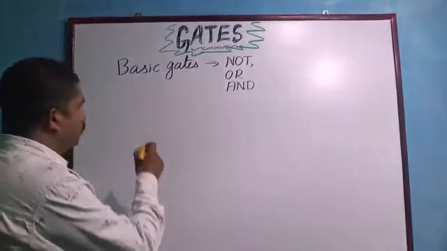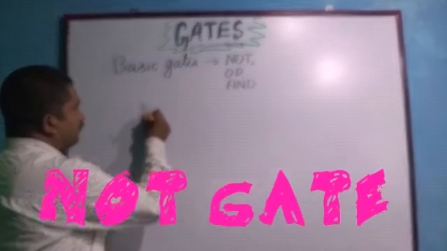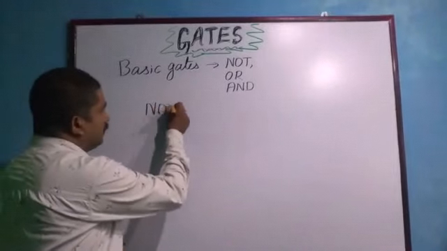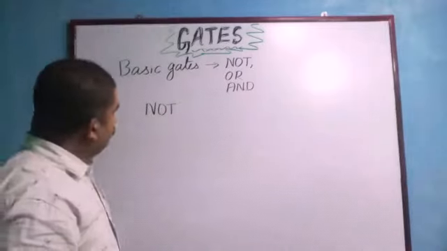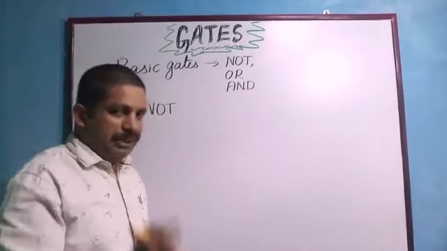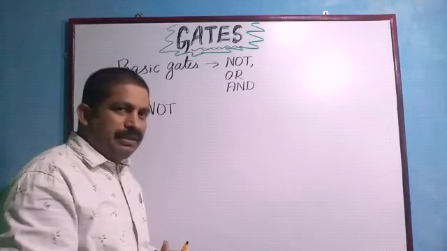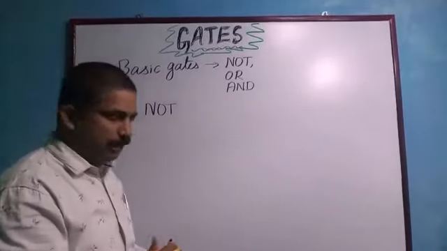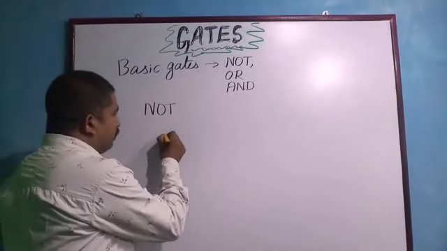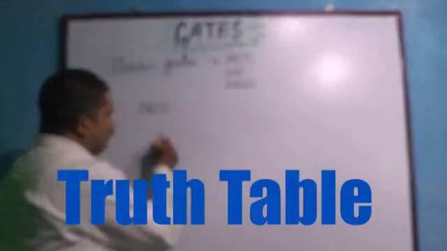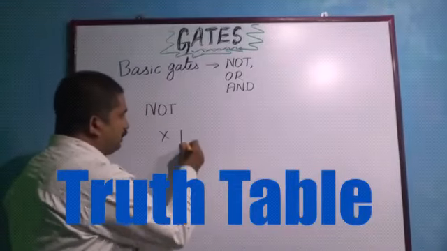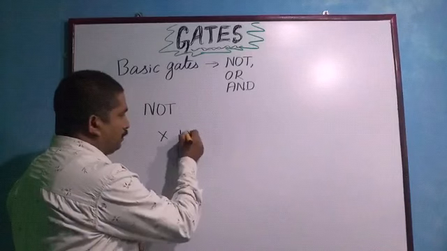Now, the first one is the NOT gate. In the NOT gate, we have to study two things. One is the truth table, another is its circuit symbol. For the truth table, you have to write the input part and the output part.